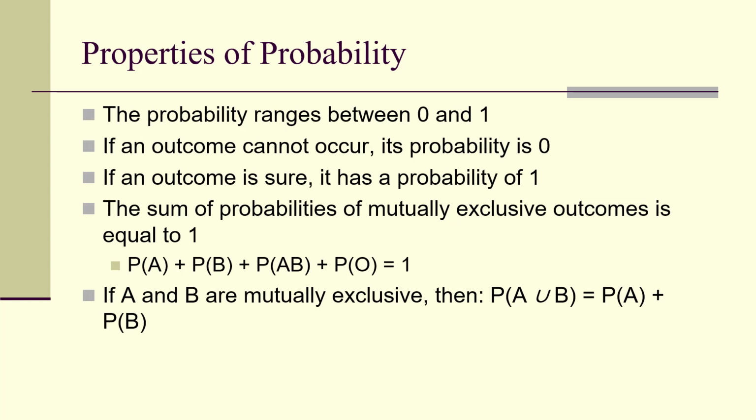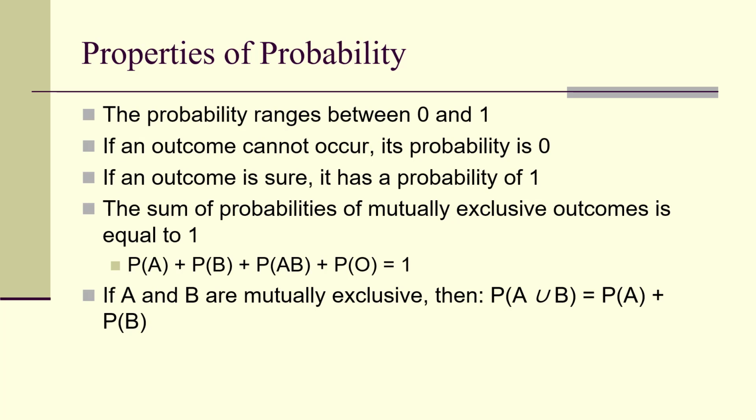We will write not A, or A bar, or A^C to denote the event that A does not occur. Property number 3 deals with the relationship between the probability of an event and the probability of its complement event.